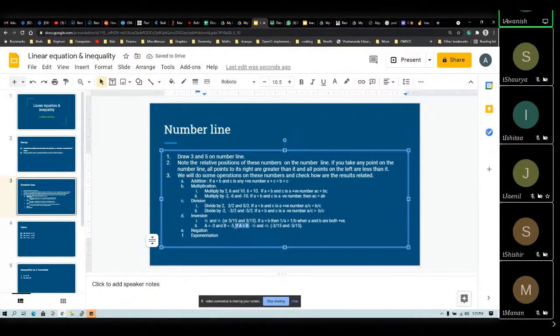So this is just an example, and now we are trying to generalize this. If A is more than B and A, B are negative, then 1 by A and 1 by B, what is the relation? Which one is larger?